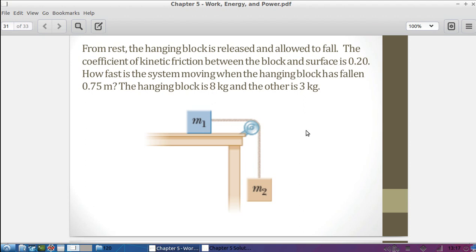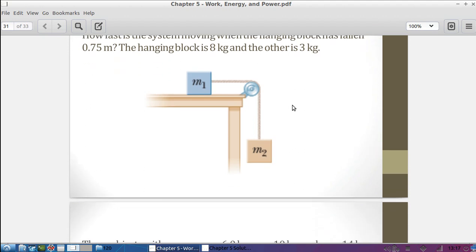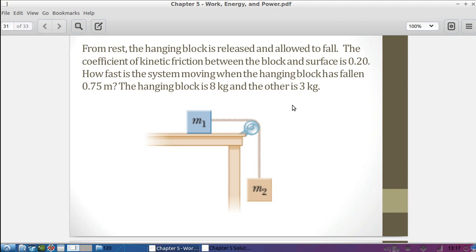Again, we have this two-dimensional problem, but the two objects are going to have the same acceleration, and the tension's going to be the same everywhere. I'm going to pick my convention that the positive direction is M1 moving to the right and M2 descending. But I'm dealing with energy.